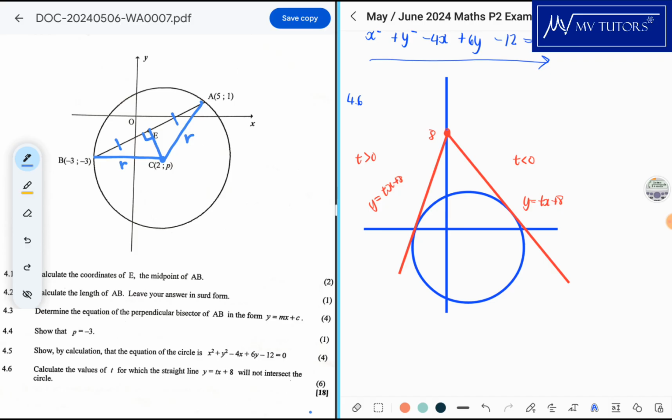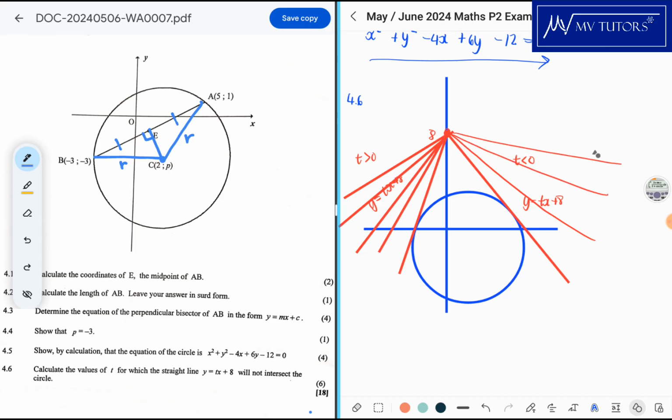But they want to know the values of t for which the straight line will not intersect the circle. So basically, there are other options as well. You can have this line, and that line, and that line. As long as the y-intercept is 8, then we're good to go. So you basically can have more lines, okay? But let's just find out where the beginning is.